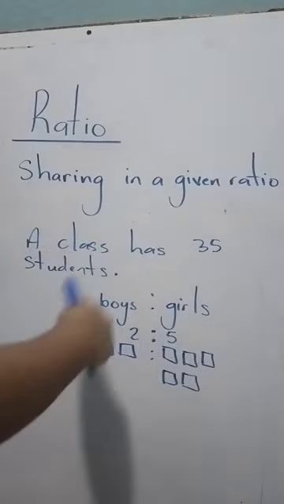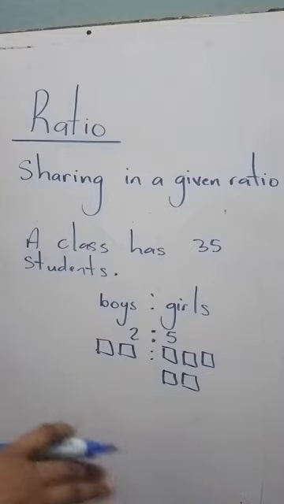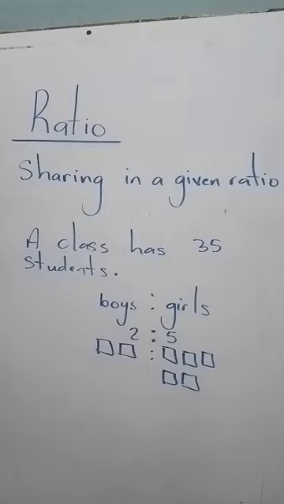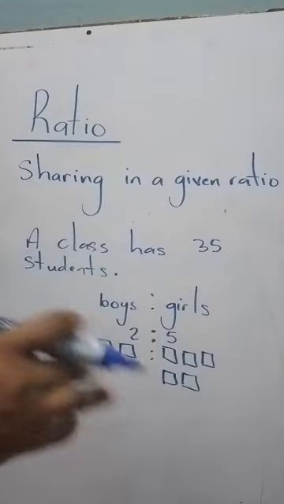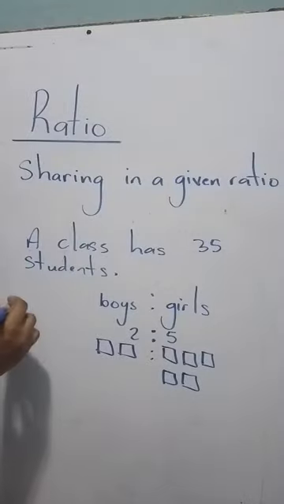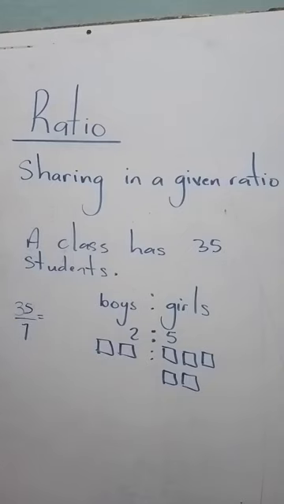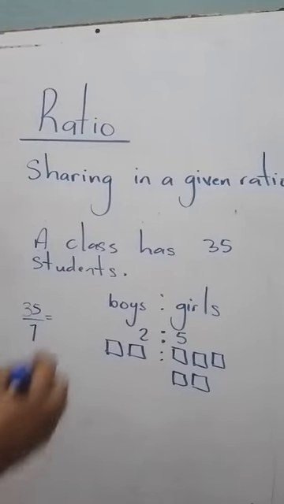In total, when I share, there should be 7 students being shared at a time, such that each time I share, 2 boys are selected and then 5 girls at a total of 7. What I therefore want to do is to find out how many groups of 7 can I get out of that 35. So there are 35, and I'm going to divide that by 7 into 7 equal parts. 35 divided by 7 is 5.